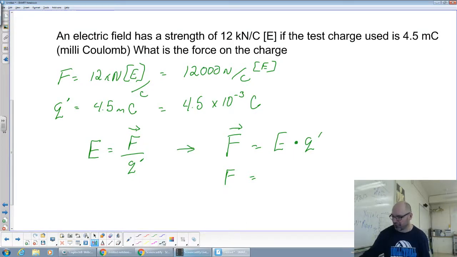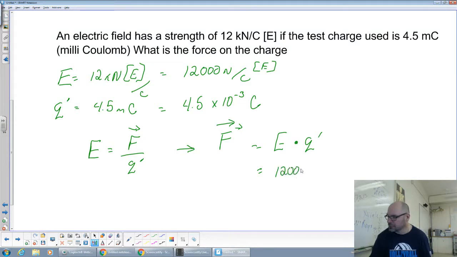This is an electric field here, not force, so it should be a capital E. Let's fix that. There we go. I was correct there. So we're rearranging it for force. Then we plug in our numbers.